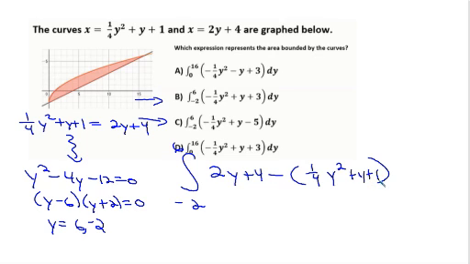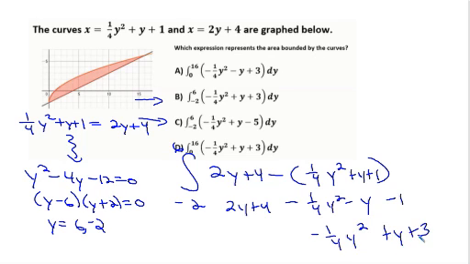All right? And the rest of it is just some algebra. 2y plus 4, distribute my negative through. And we get -1/4 y squared plus y plus 3. So our answer is B in that situation.